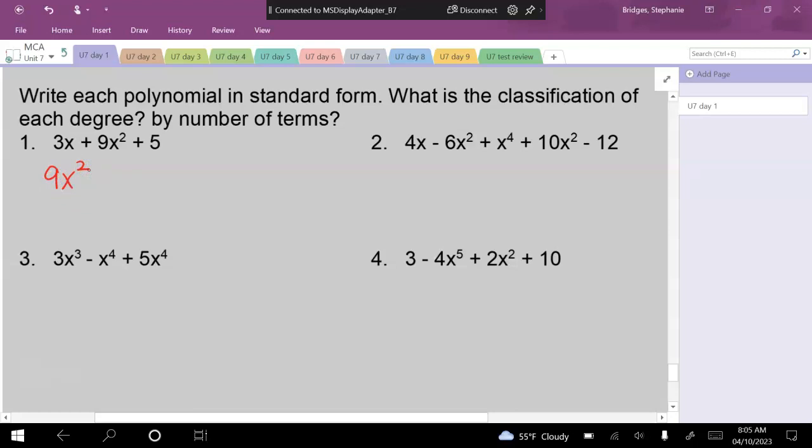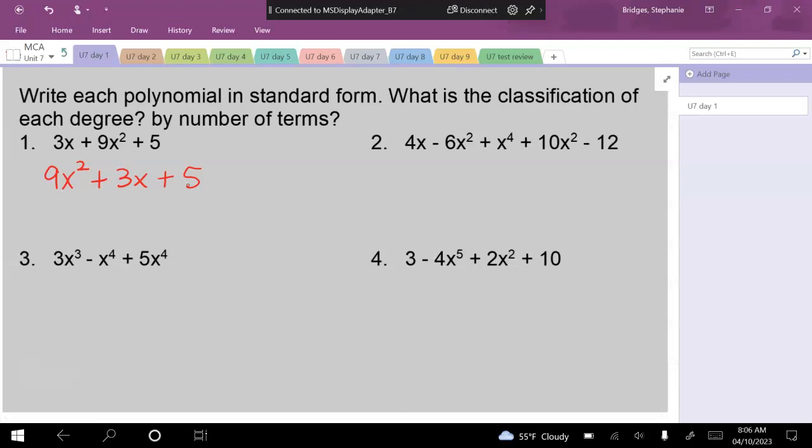And then I need descending order. So if my highest degree is a 2, then the next degree would be a 1. Which one has a degree of 1? The 3x. Is that a positive 3x or negative? Positive, so we put plus 3x. And then the last would be the term that doesn't have a degree, which would be the plus 5. Okay, so that would be standard form, 9x squared plus 3x plus 5.